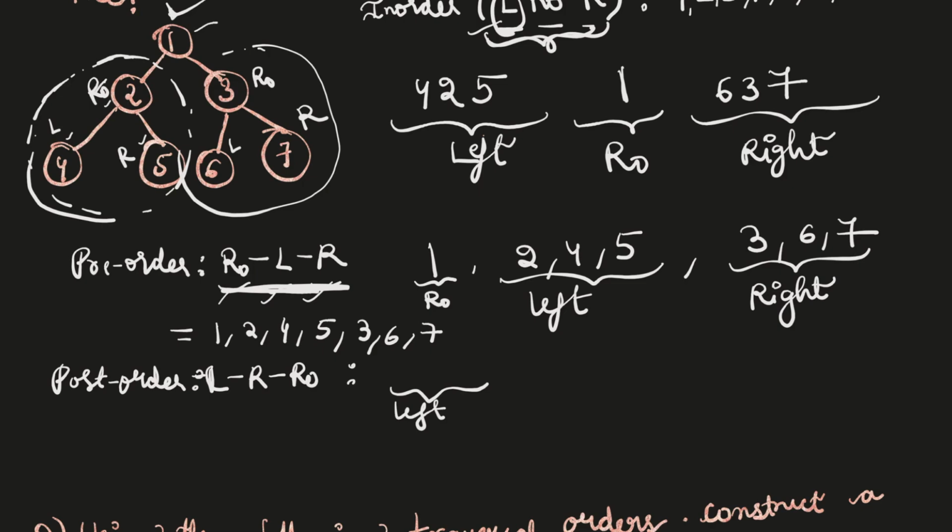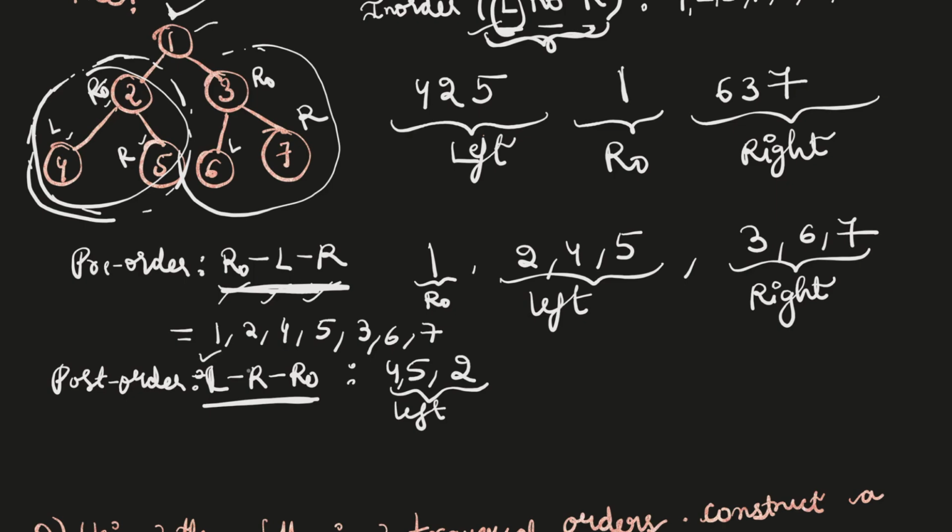The left part has more than one element, so you will again follow this rule to write the left part, that is left, right and root. So the left is 4, right is 5, and the root is 2. We are done with the left part.